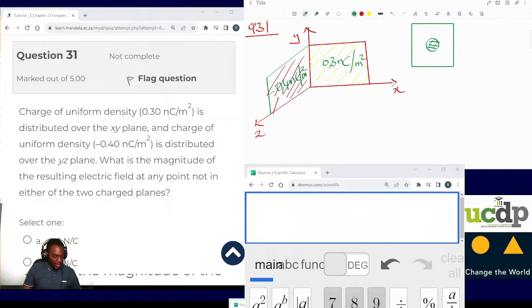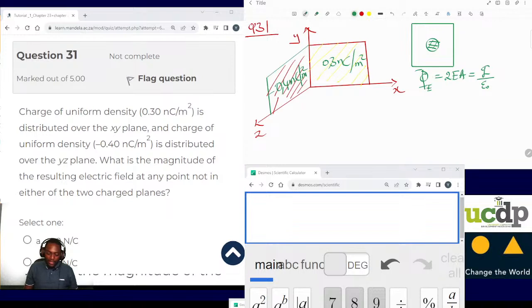would know that our phi enclosed is equal to 2EA, because this Gaussian surface is covering both the front side of the plane and the back side of the plane, right? And we know that this is equal to charge enclosed over epsilon naught, right?